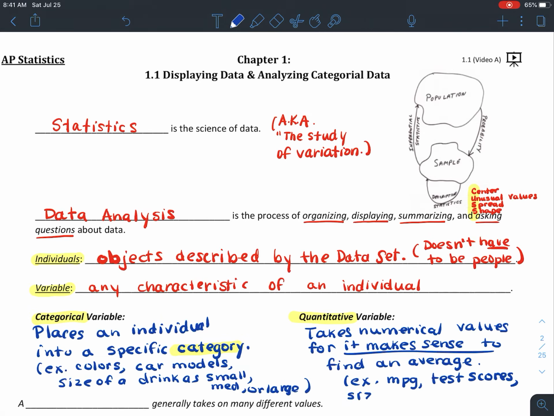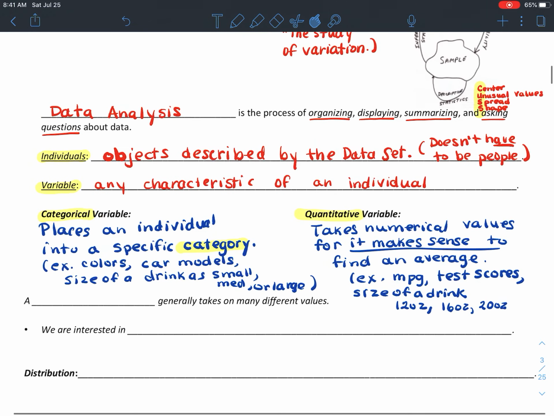You could also do the size of a drink like I had illustrated in categorical, only you could say, well, the small is 12 ounces, the medium is 16 ounces, and the large would be 20 ounces, okay? Here's where a numerical value would not make sense, okay?